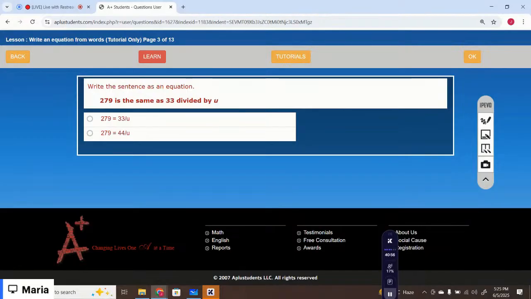Write the sentence as an equation. 279 is the same as 33 divided by u. So which is the correct option?